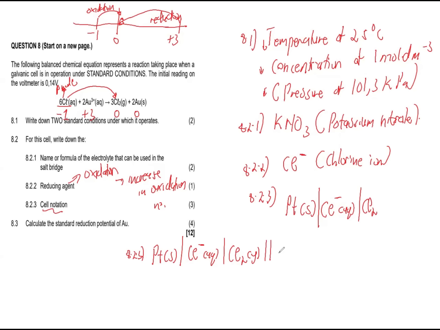And then here we have the Au3 plus in aqueous, and then Au solid, right? So take note of this. Since none of these two can act as an electrode, we have to employ the platinum electrode there.